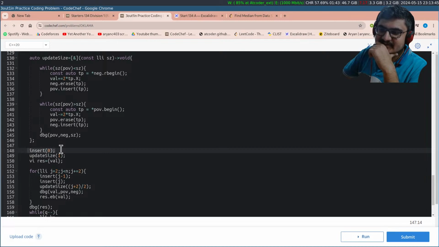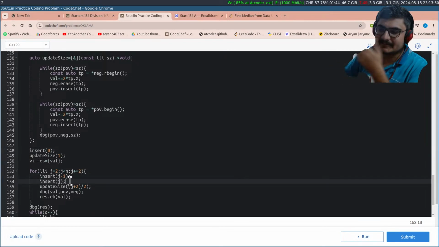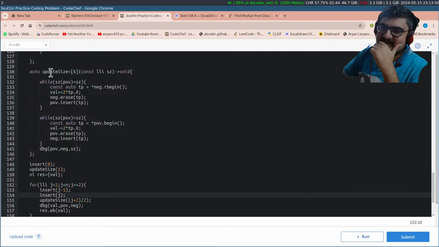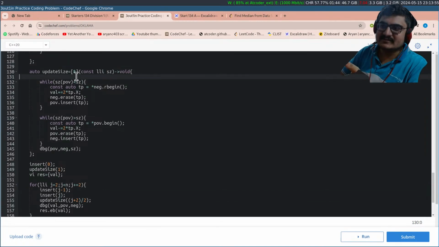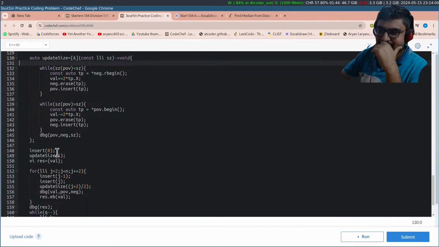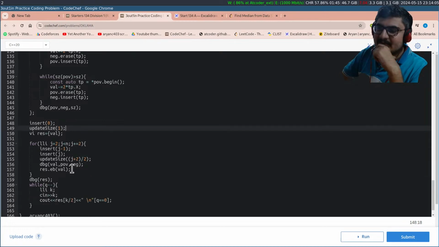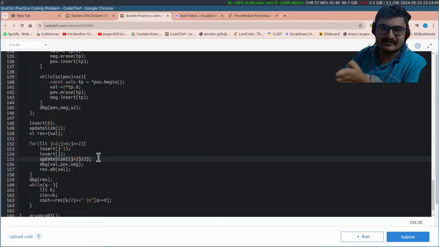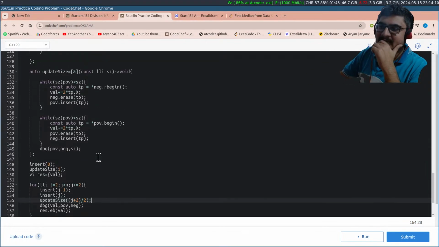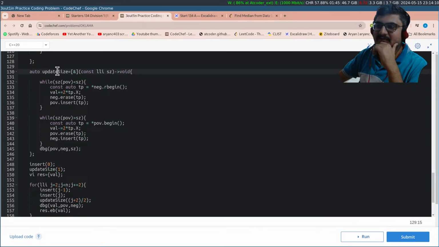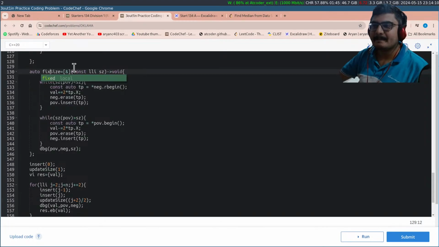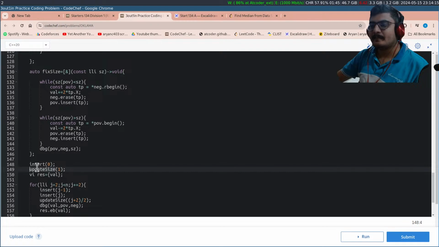At first we need to insert the 0th index, then we need to insert elements in pairs, two elements here. And then I have one correction, update size as well. This will ensure that whatever size I want is the size of the positive set. So after the first element, there should be one positive element, and as we keep going, the number of positive elements keeps increasing by 1. Let's call this fix size, and now it moves the boundary.